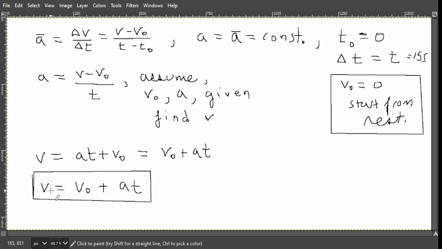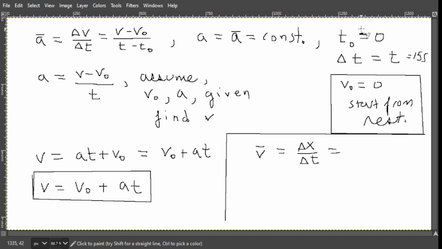Before we start to play around with this and use it in calculations, I want to get one more kinematic equation up here for us, another basic one, that comes from the definition of average velocity. Remember our definition of average velocity, v average. That's equal to the rate of change of the position, or the displacement, over the time it takes to make that displacement.